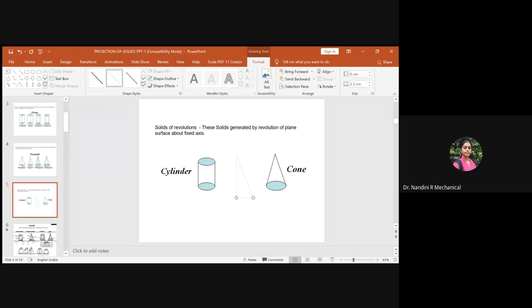So this is called our cone. Since it is revolved, you call it a category under solids of revolution. You can get problems again on cylinder as well as cone. So both these come into the category of solids of revolution. So this is about the classification of solids.